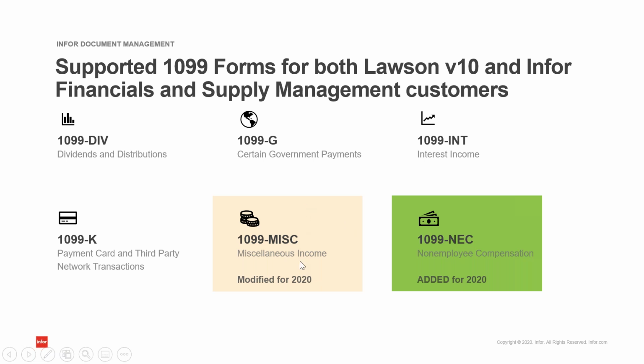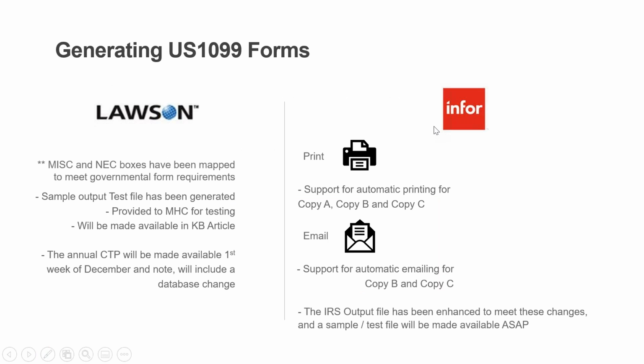So 1099 miscellaneous in its newest state is out there, and then the new information, the 1099 NEC or non-employee compensation, is within the system as well. Those are the big six that we work on and provide outputs for. On the Lawson side, we've made sure that we've got all those enhancements for you, and it's native to the system on the FSM side.